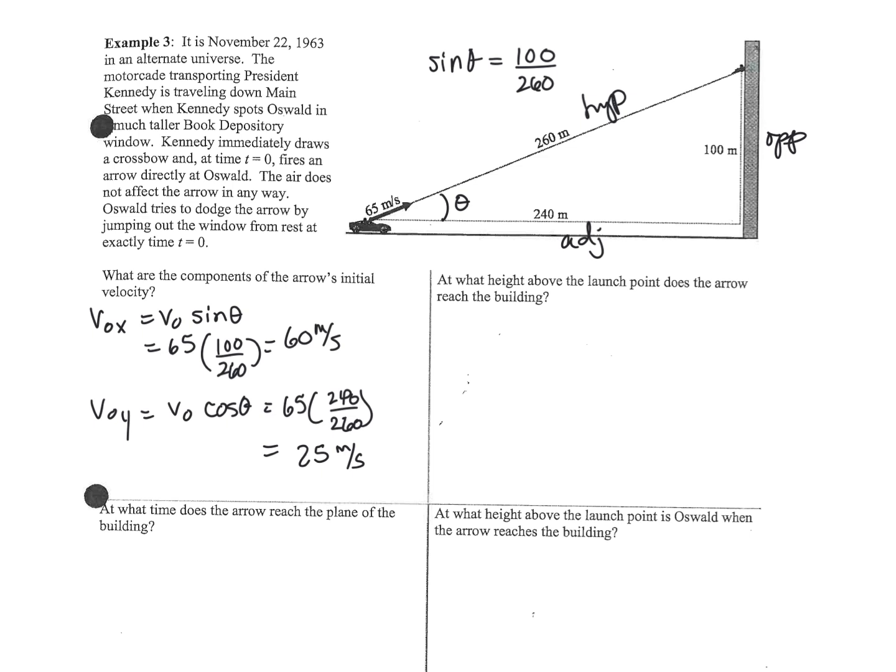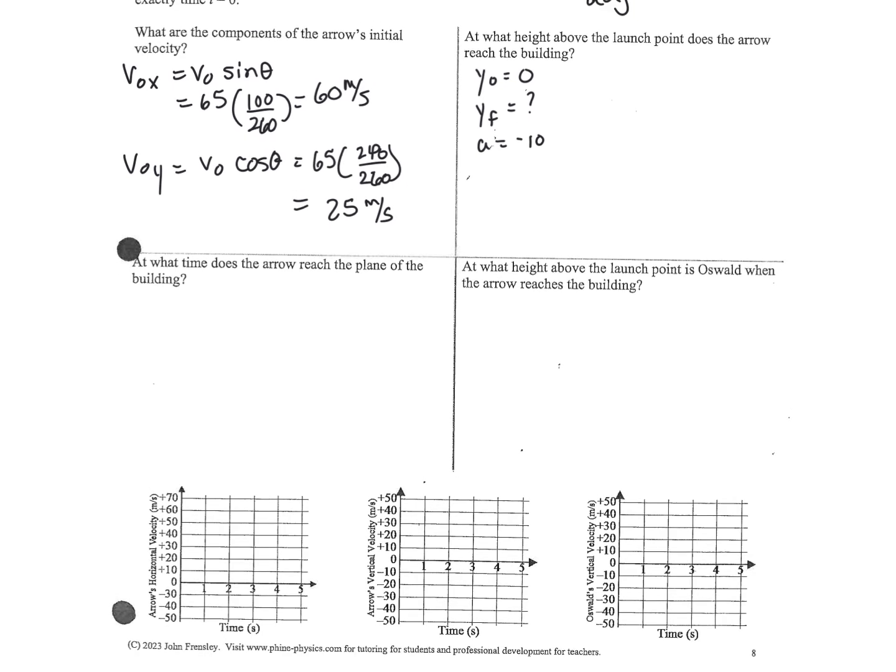Height of the launch point, does the arrow reach the building? Okay, well, we know that y initial is 0. We are looking for y final. We know the acceleration is -10, and we do know the time. No, we don't. So maybe we should come back to this one and do what time does the arrow reach the building first?